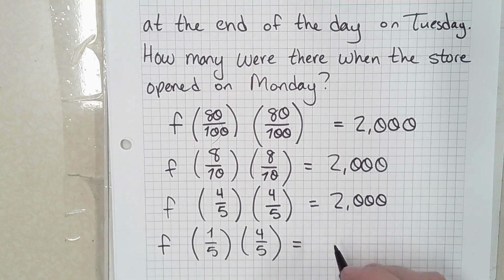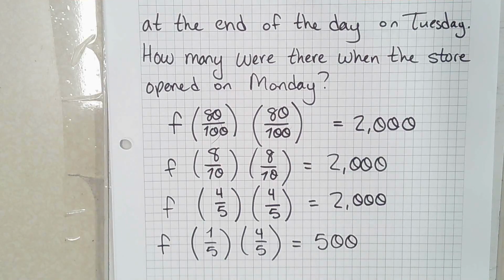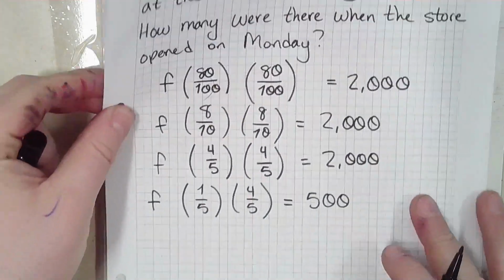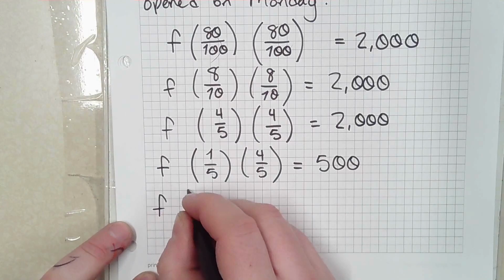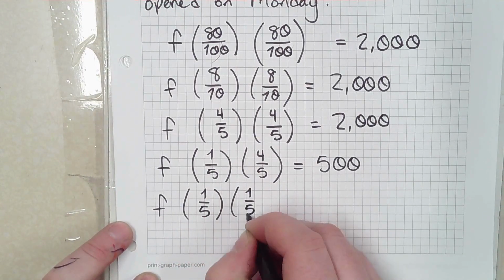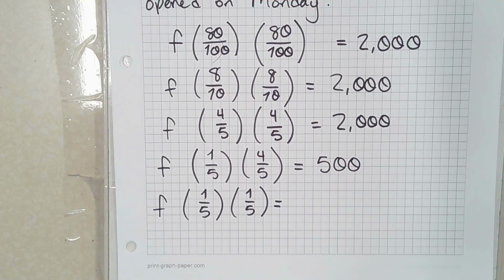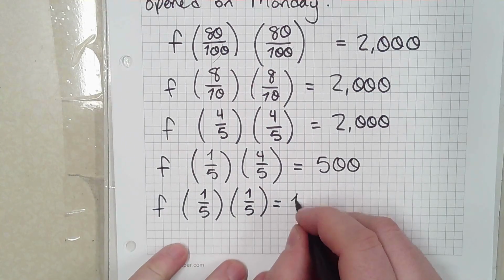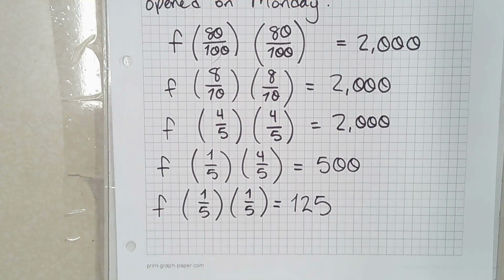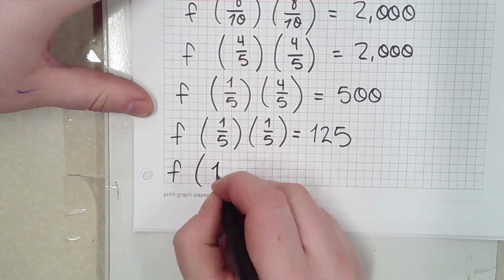If I divide this by 4, then I end up with 500. I'm going to divide by 4 again. So this entire term, if I divide it by 4, I end up with this. 500 divided by 4 is 125. So now if I times this by 5, this becomes a 1.